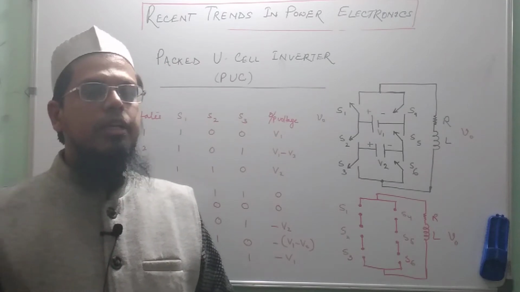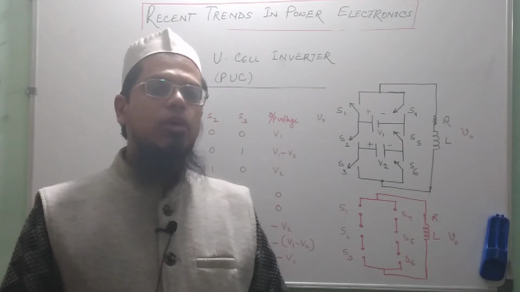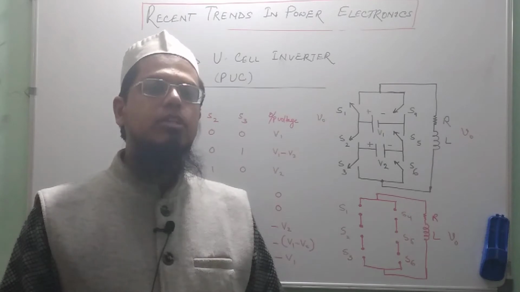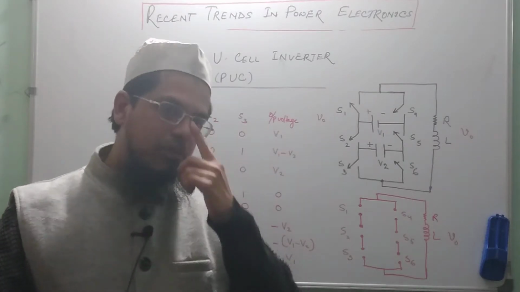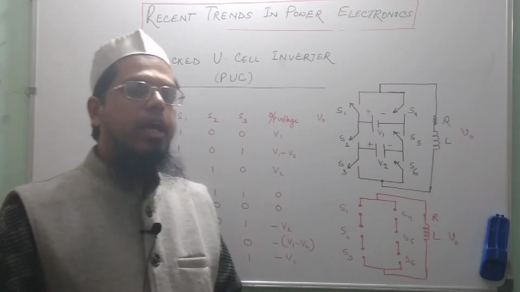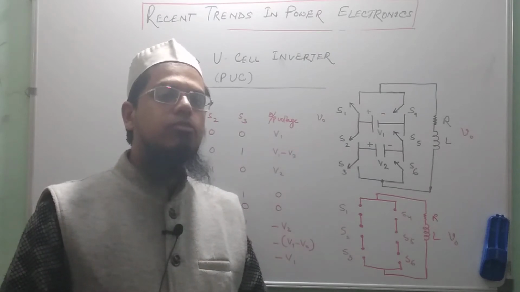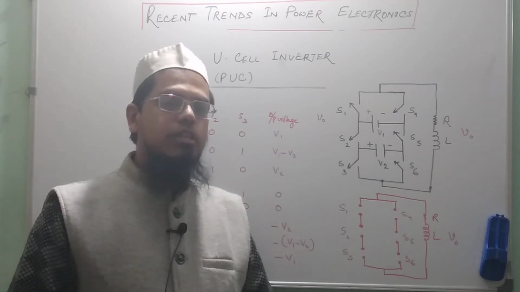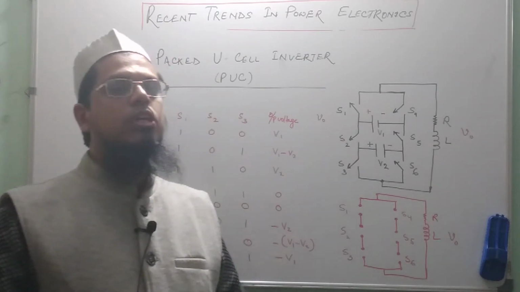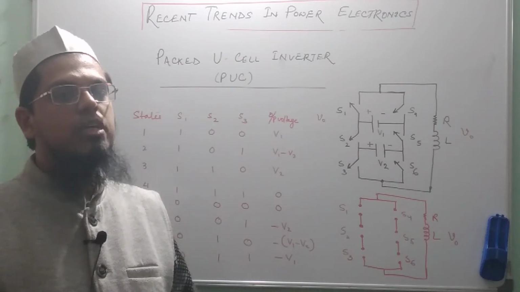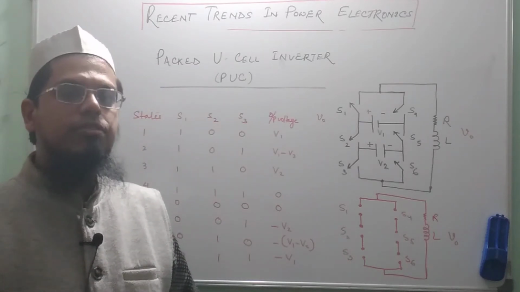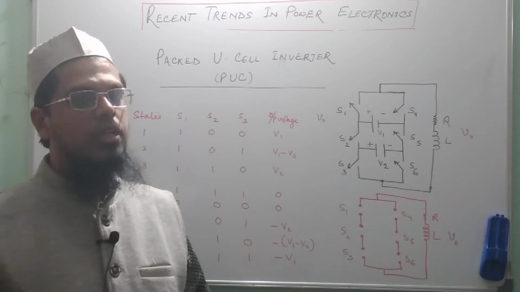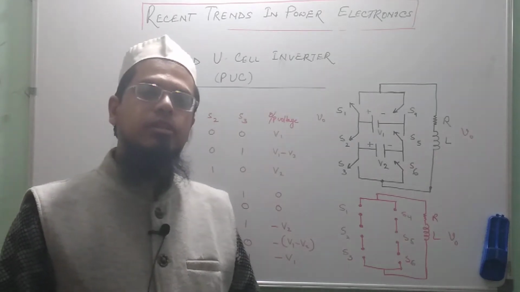Number one is the large number of switches required as we go up the number of levels in the output voltage. For the three classical topologies, the number of switches required is equal to 2(n minus 1), where n is the number of levels.